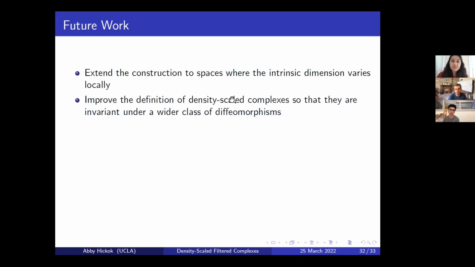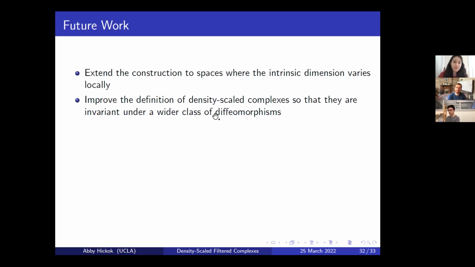The other thing is it'd be nice to improve this so that it's invariant not just under conformal transformations like scaling, but under a wider class of diffeomorphisms. In this setting, conformal invariance was the best we could do, because the density scaled Riemannian metric was conformally equivalent to the original metric. So we can't do any better with this construction.